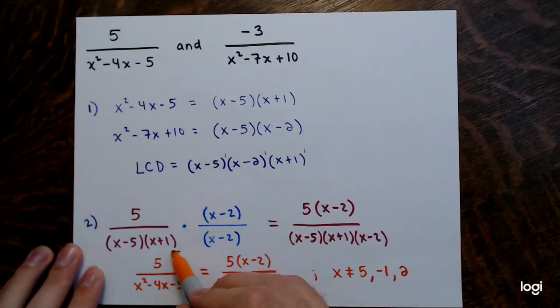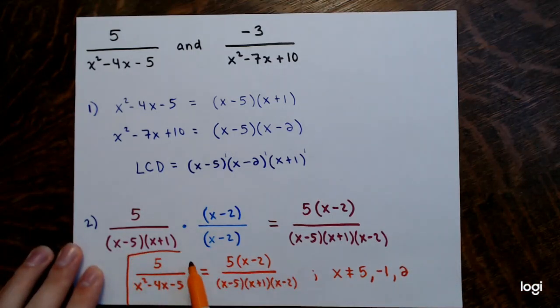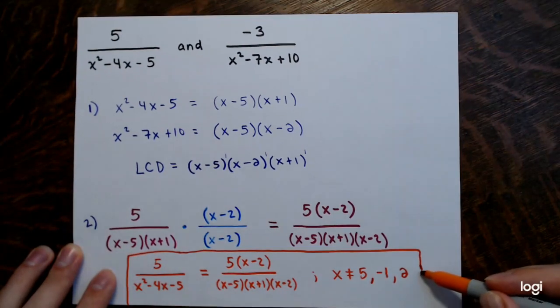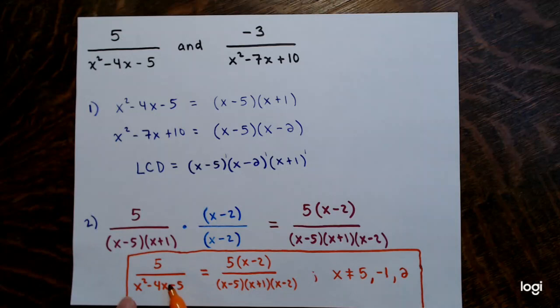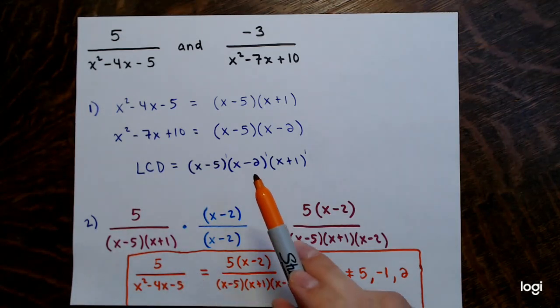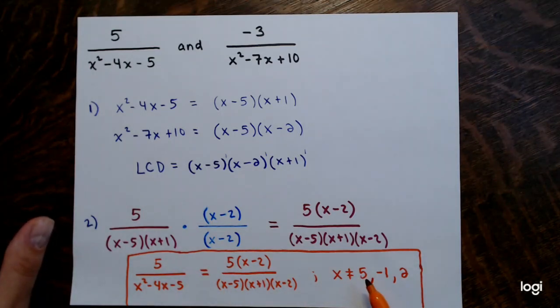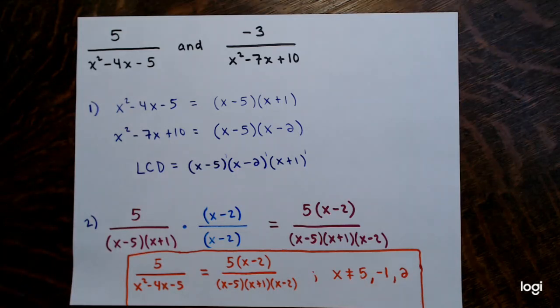All right, so here's my equivalence statement, right here in the orange box. So this fraction we started with is equivalent to this fraction with the LCD as the denominator only when the value of x is something other than 5, negative 1, or 2. And again, check it out, try it out, test it out.